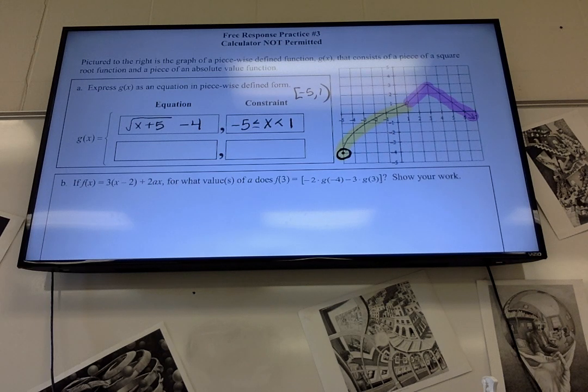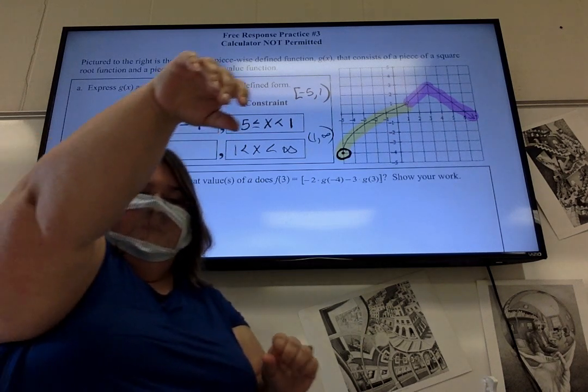Yeah, it doesn't stop. It keeps going forever. So we could write that as 1 is less than x, which is less than infinity. Or if you wrote it as 1 to infinity, that's fine too. Those are both equivalent.